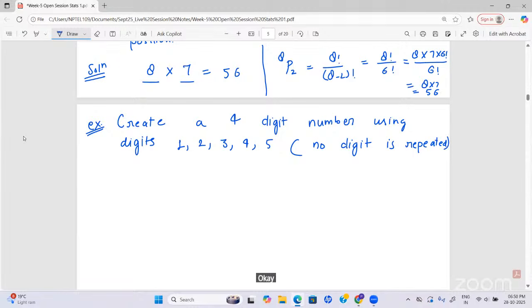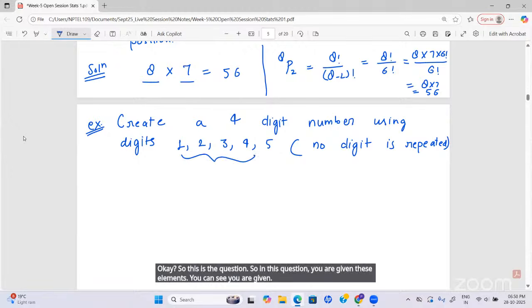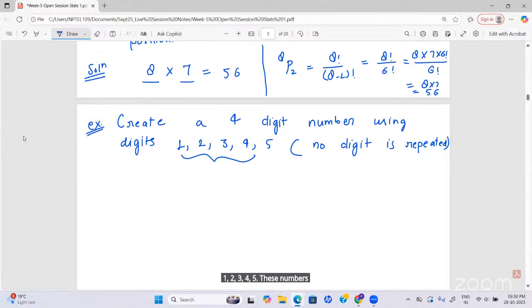So this is the question. You are given the numbers 1, 2, 3, 4, 5, and you have to create a 4-digit number. And repetition is not allowed. No digit is repeated.